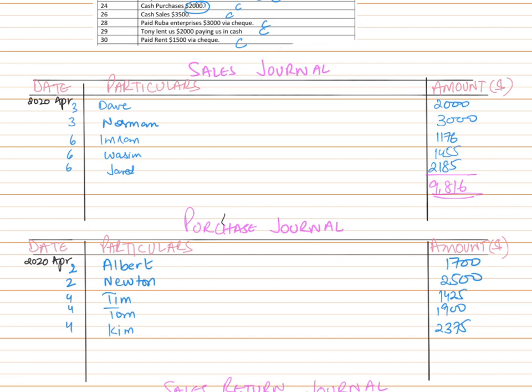So we can clearly say Dave, Norman, Imran, Wasim and Javed, all of these bought goods from us on a credit basis. All of these are credit customers. So we'll have to write total credit sales for the month.